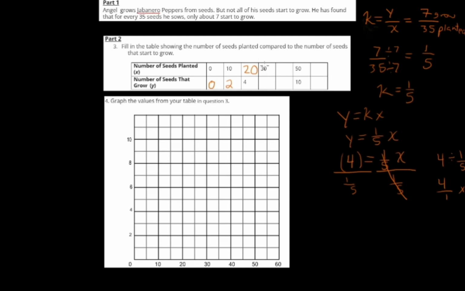So 30, that's the x. Make sure you plug it in the right spot. Let's go back to our equation. Y equals 1/5 x. To give us 30 for x, let's plug that in. 1/5 times 30 equals y. This is going to become 30 over 1 times 1/5.